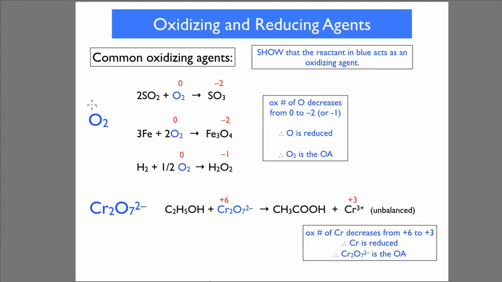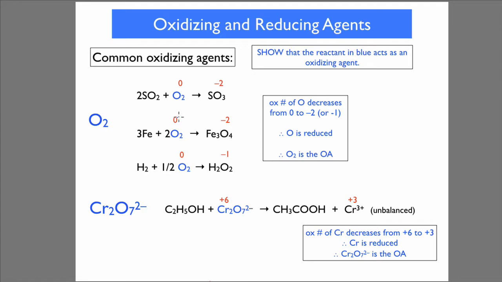Let's look at oxygen first. You can see that the oxygen here has an oxidation state of 0, and then in sulfur trioxide, the oxygen here, sorry, not the sulfur, the oxygen in sulfur dioxide has an oxidation state of -2.